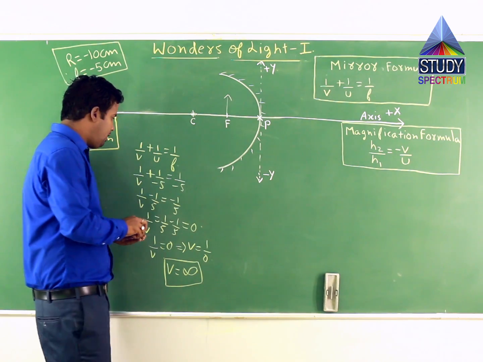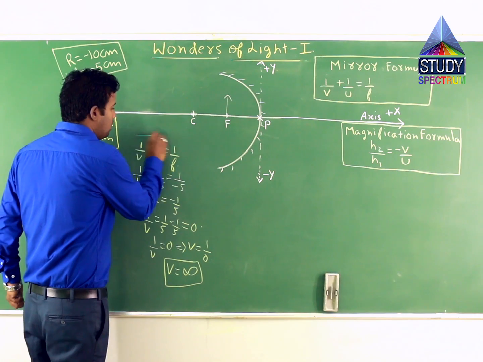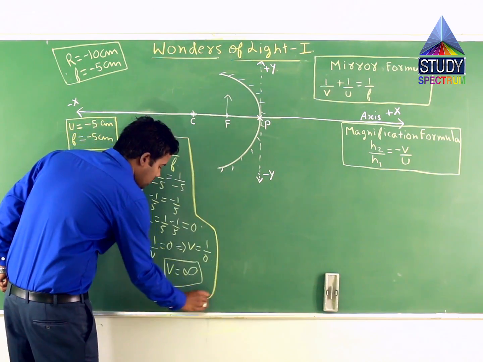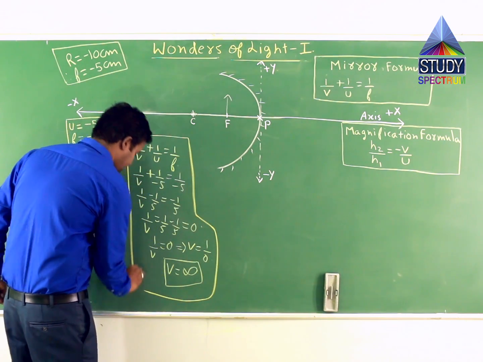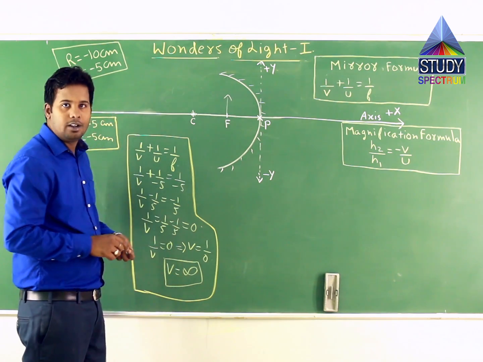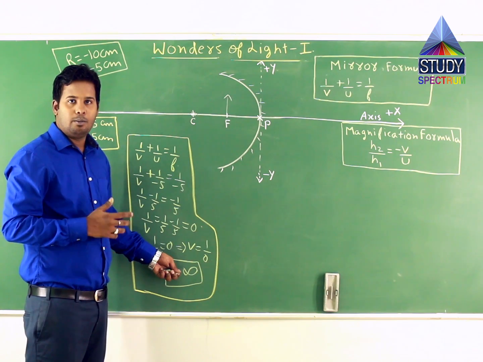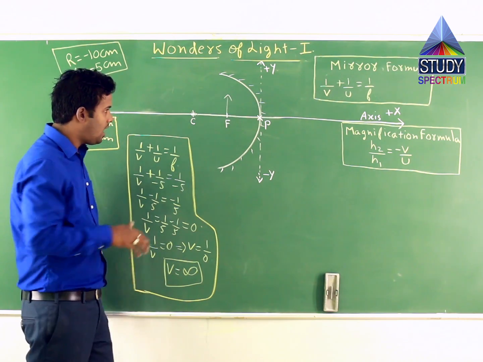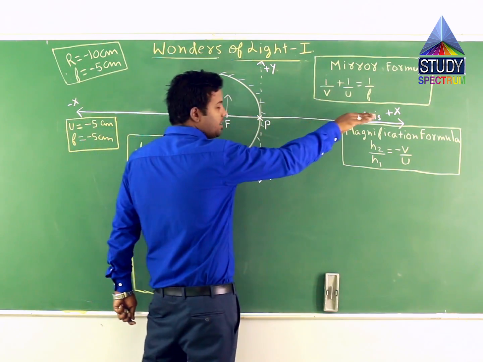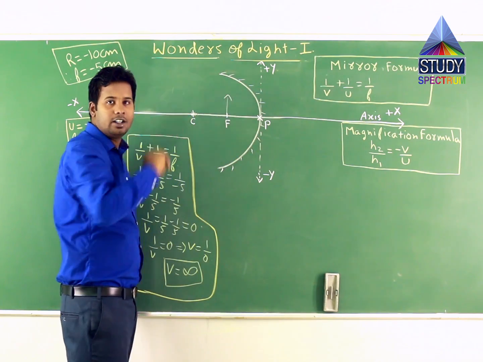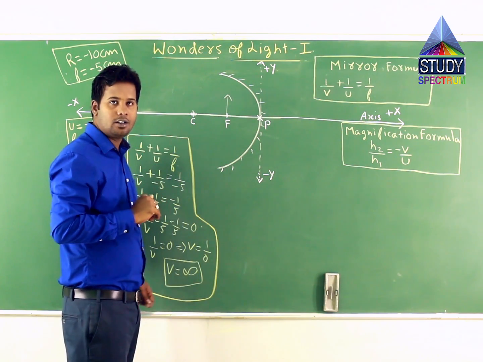Now, if we try to draw results from this calculation, what do we get? This infinity is positive infinity. This infinity is actually lying on the positive x-axis, at a very far distance.